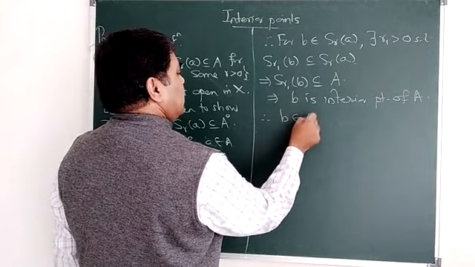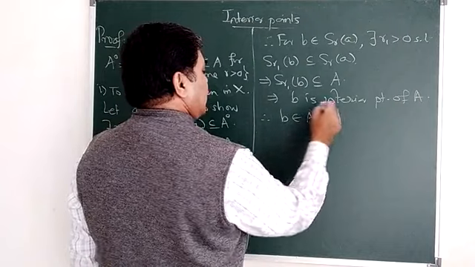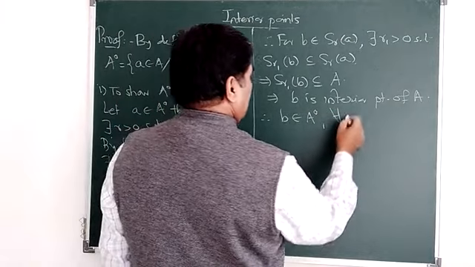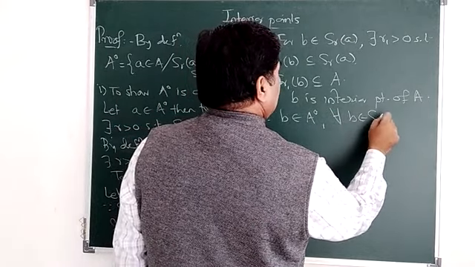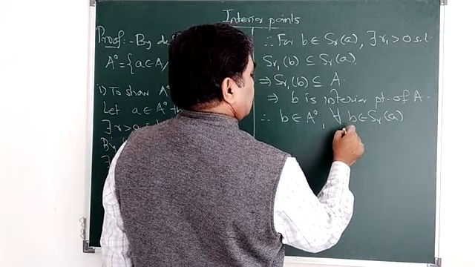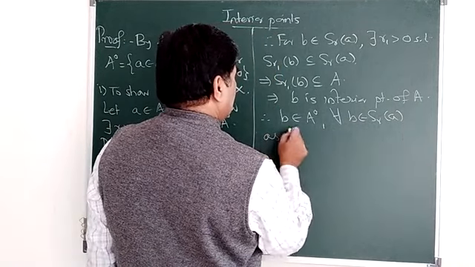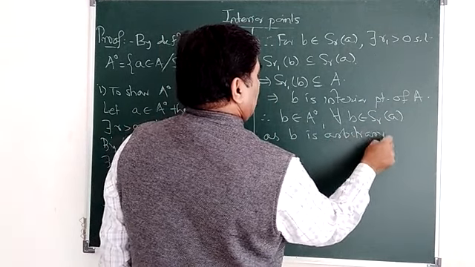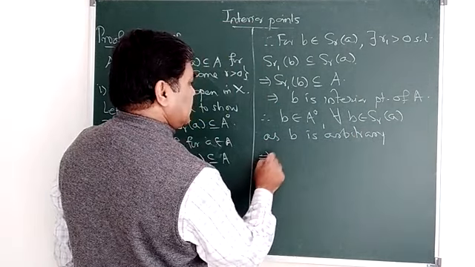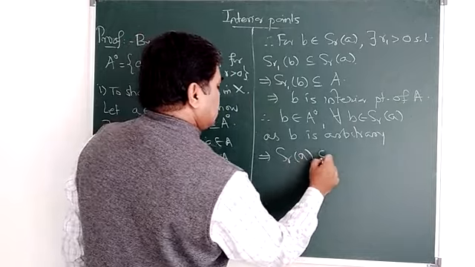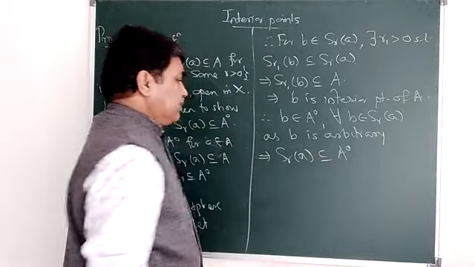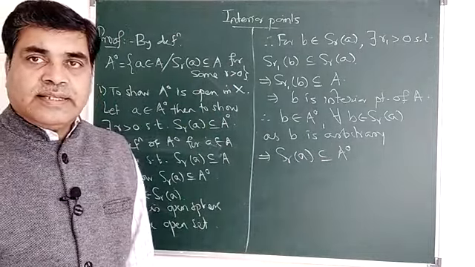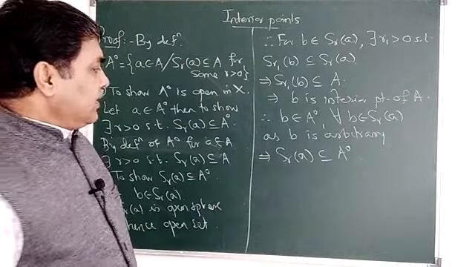Therefore, b belongs to A interior for every b belongs to S_r(a), as b is arbitrary. What does this imply? This implies S_r(a) must be a subset of A interior.